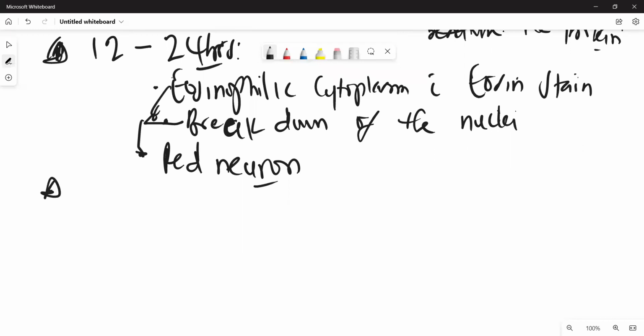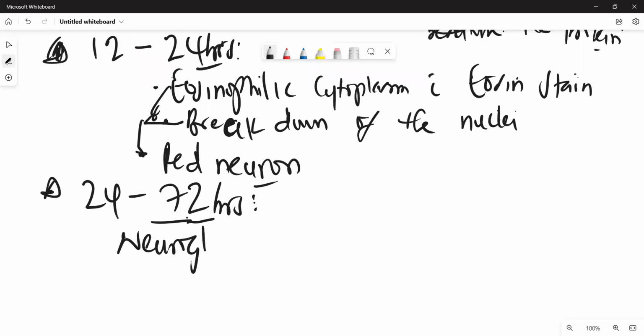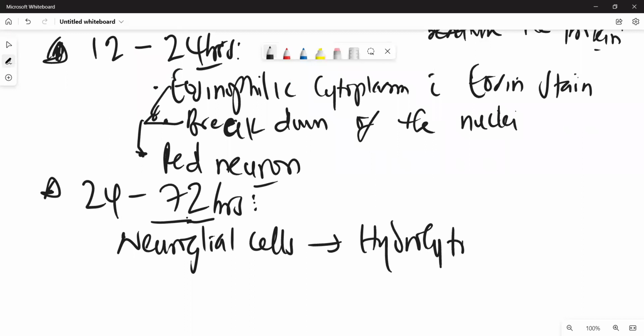And by 24 to 72 hours, then we also have the neuroglial cells. They will start to release hydrolytic enzymes, and then these hydrolytic enzymes will start to liquefy the tissue.